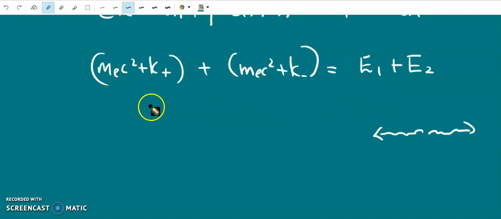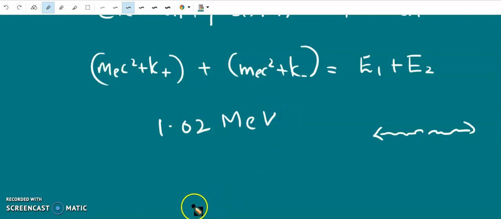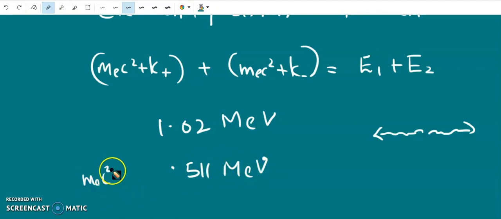The 2 me c square is 1.02 million electron volt, and therefore each photon has an energy equal to half of this, 0.511 million electron volt, which is the rest energy of a single electron, and they move in exactly opposite directions. So this is the pair production process.